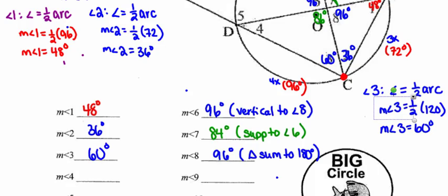Angle 4 now is going to be fairly simple to find because I know that in the yellow triangle, the sum of the three angles has to total up to 180. So 180 minus 86 minus 60 tells me that the measure of angle 4 is now 36 degrees.